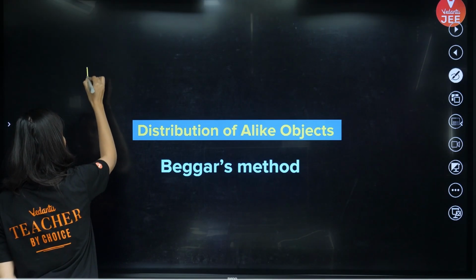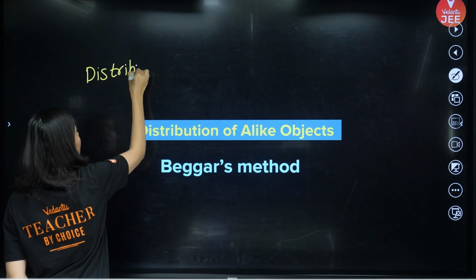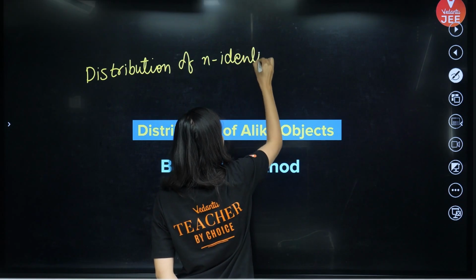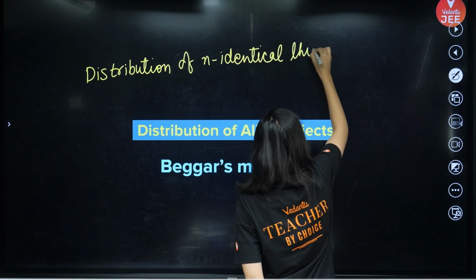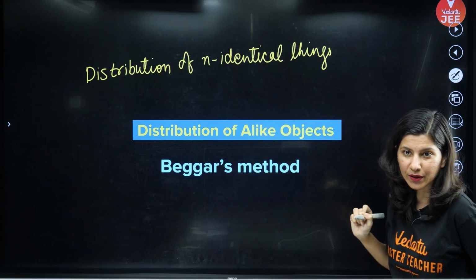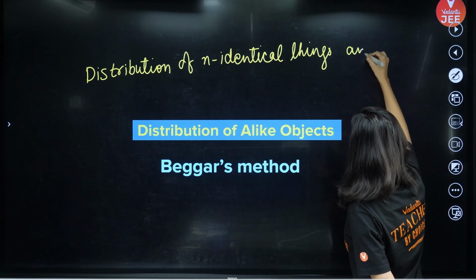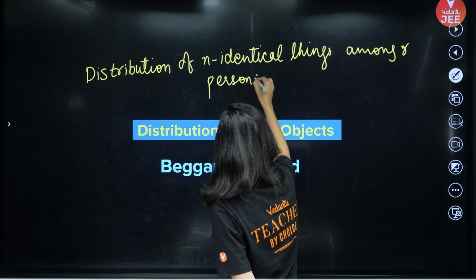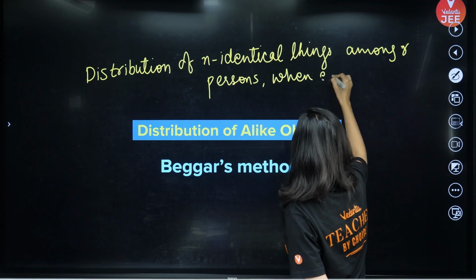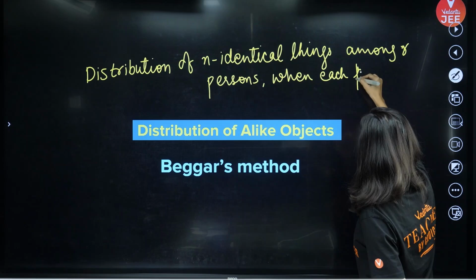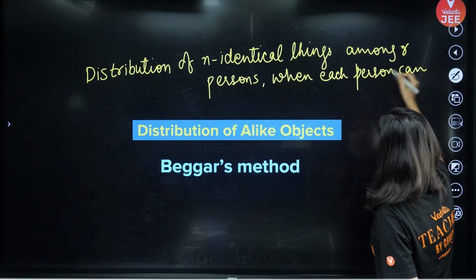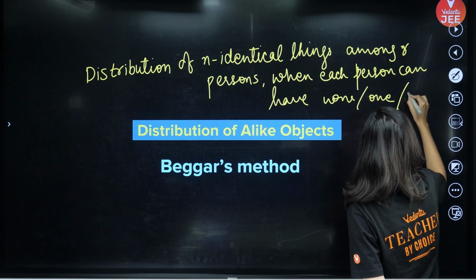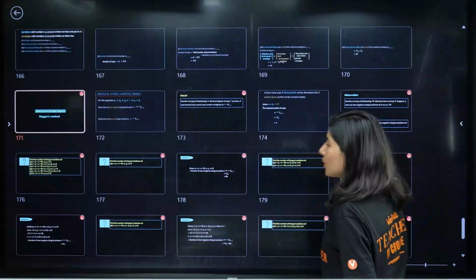Suppose you have to do the distribution of n identical things among r persons when each person can have none, one or more. Understand what this statement is trying to say?